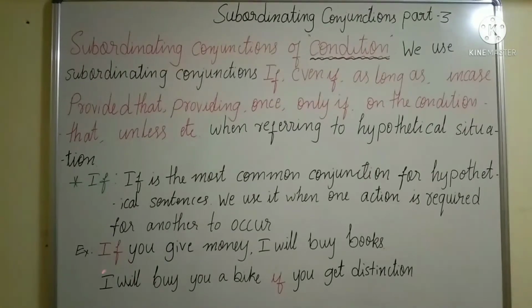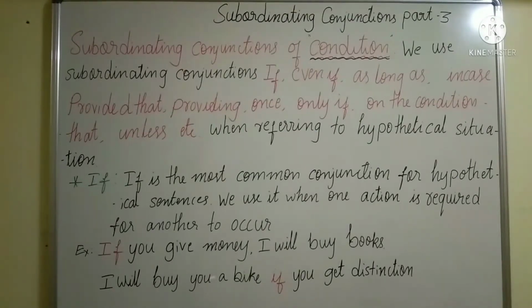Okay. Now, moving on to this: I will buy you a bike if you get distinction. This sentence also makes the same sense, but here we have started the sentence with an independent clause. If you start the sentence with an independent clause, you need not use a comma here.